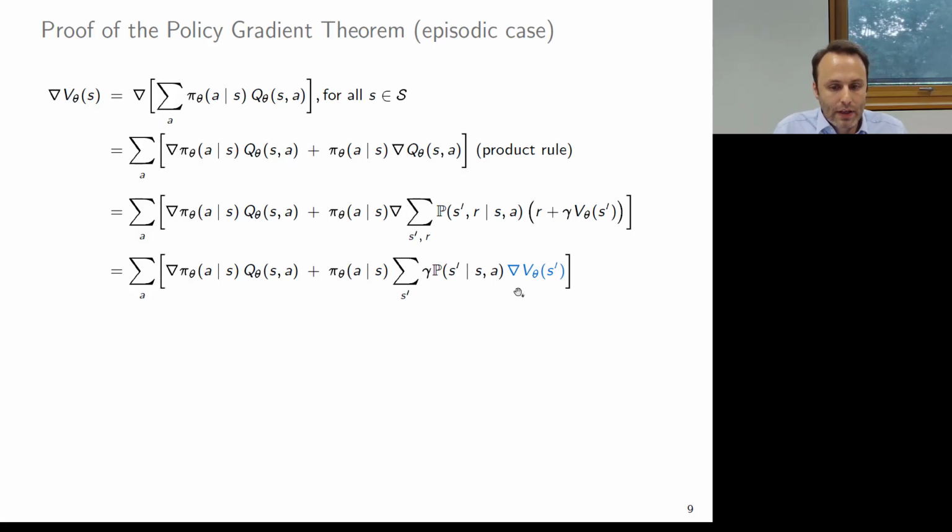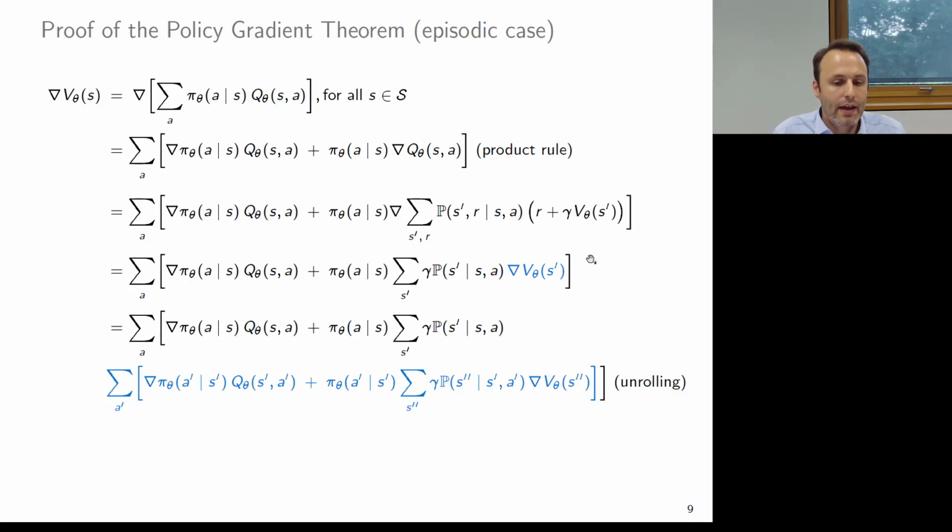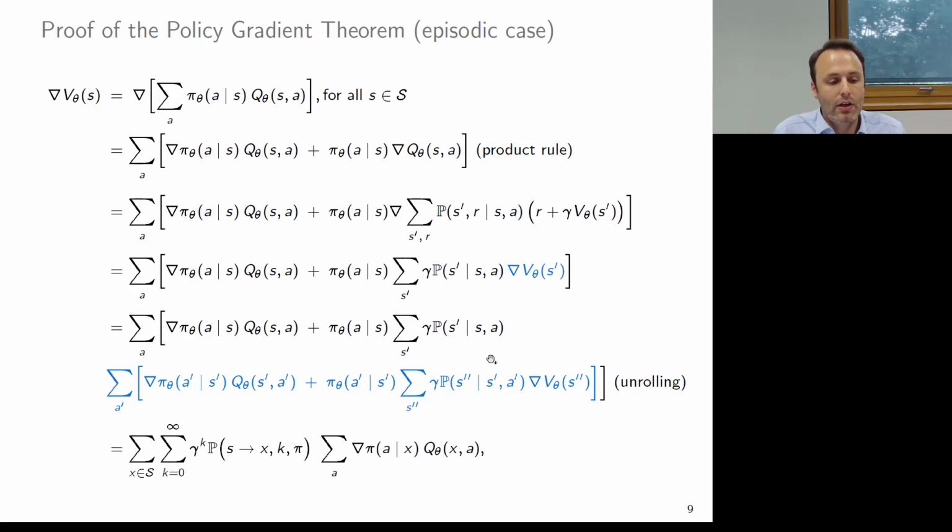And now if you look at this very closely, you see that this blue object here and the gradient of the value function is a recursive formulation, so we can unroll this problem, and this gives the next line here where we have just inserted what this gradient of the value function in the future state is going to be. And we can do this even further and then collect terms.